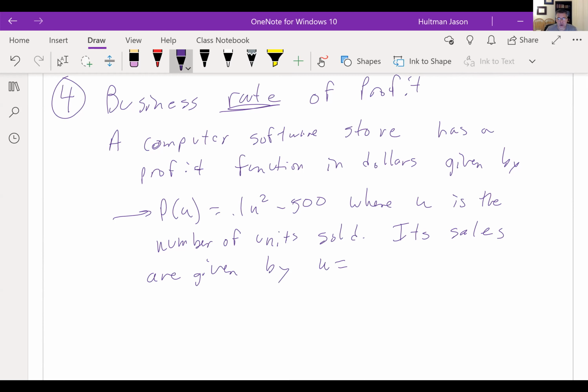P is a function of u, but u is a function of x. Oh, okay. So the number of units sold are based on the number of days, I guess, after the store is open.